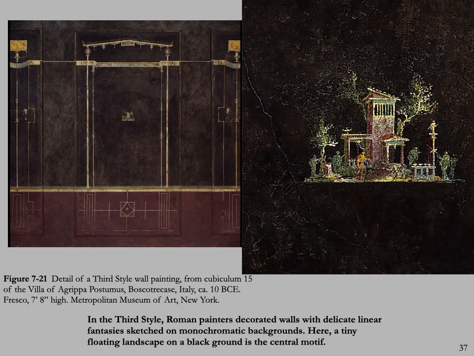The third style walls are much more decorative. Here we have an example where we see the wall on the left, and then of course the detail of the image blown up there for you on the right. In the pulled back image, we can see very thin columns that lead up to some sort of thin pediment or roof structure there.